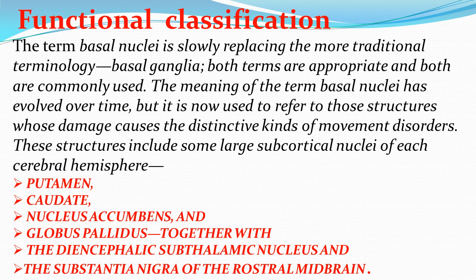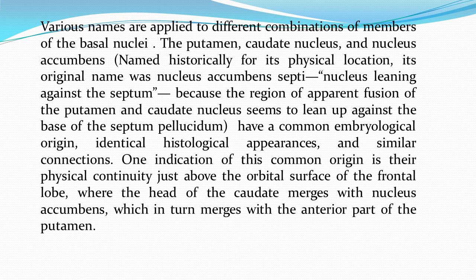If you recall, I discussed that in the midbrain, from ventral to dorsal side, there is the crus cerebri, then dark stained grey matter known as substantia nigra, and then tegmentum, then tectum. Various names are applied to different combinations of members of the basal nuclei.